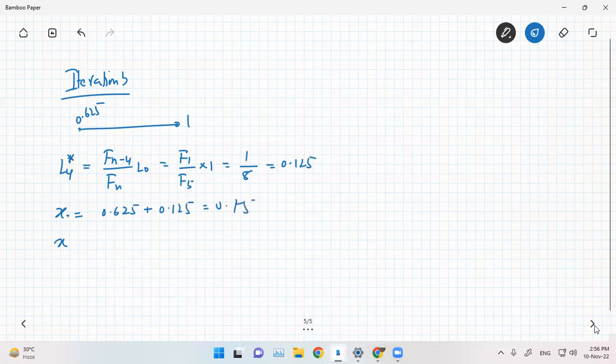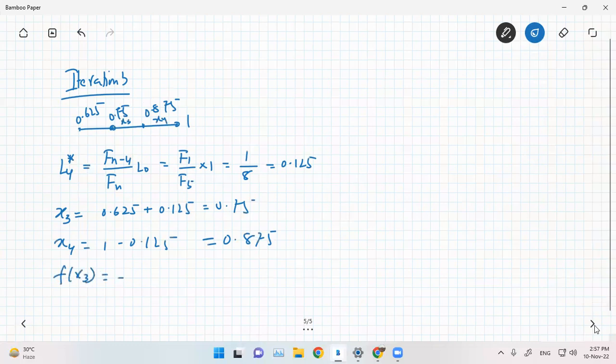So this is the previous value, so you can say this is x3. The new one will be this one: 1 minus 0.125, which is actually 0.875. So we have 0.75 and 0.875. This was your x3 and this is your x4. Next thing is the function value at x3.